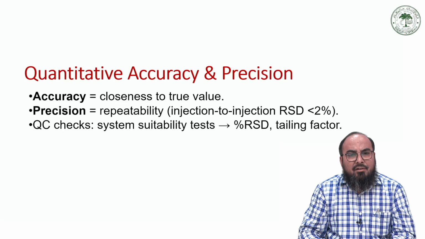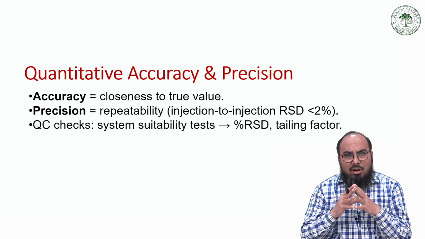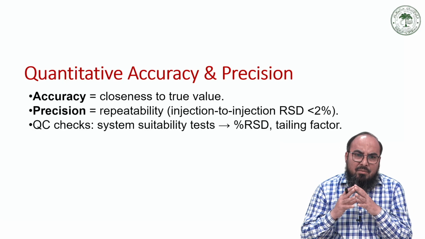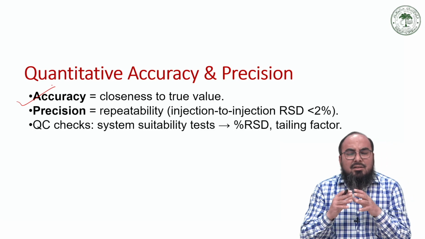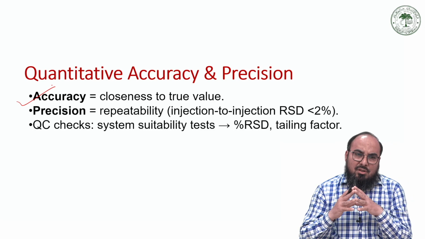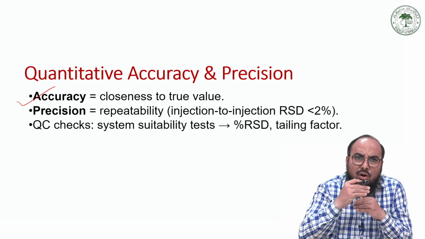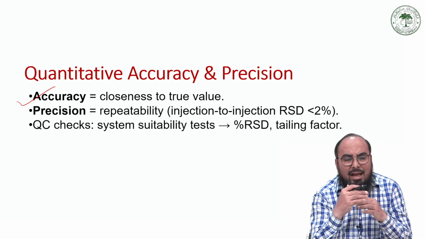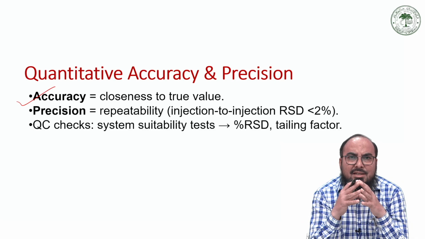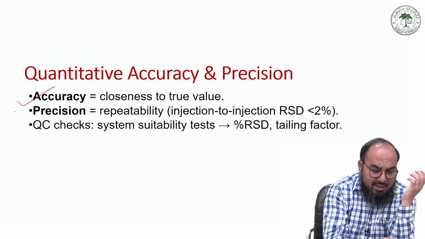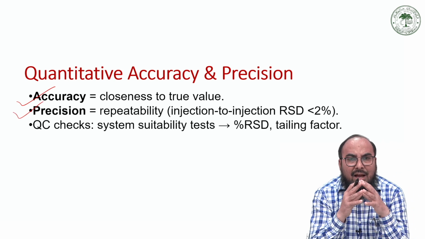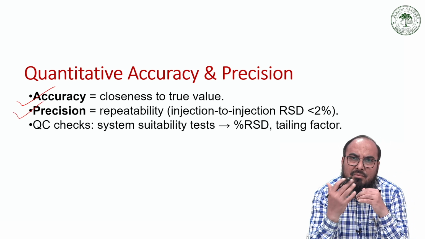So quantitative accuracy and precision, as we have already discussed: accuracy may be defined as the closeness to the true value. Similarly, precision is the repeatability, that each time you have the same reading coming.